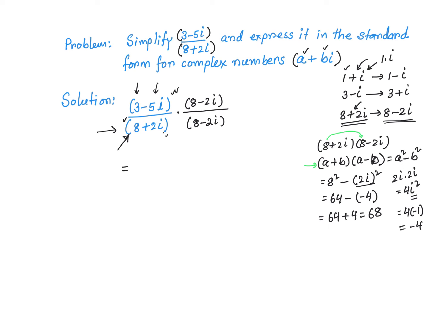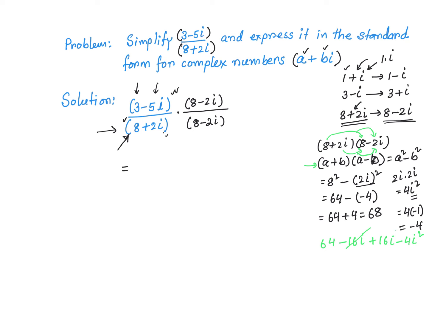8 times 8 is 64. Then 8 times negative 2i is negative 16i. Then 2i times 8 is positive 16i. Then 2i times negative 2i is negative 4i square.